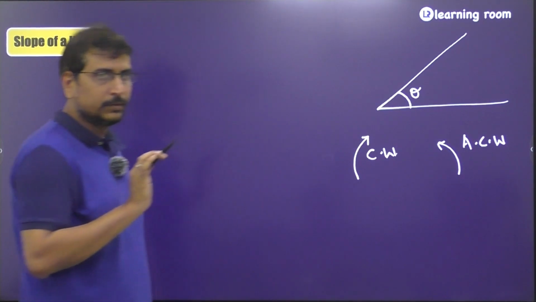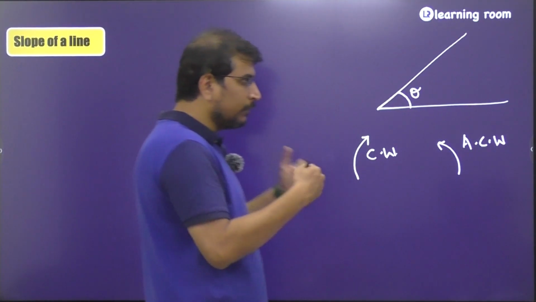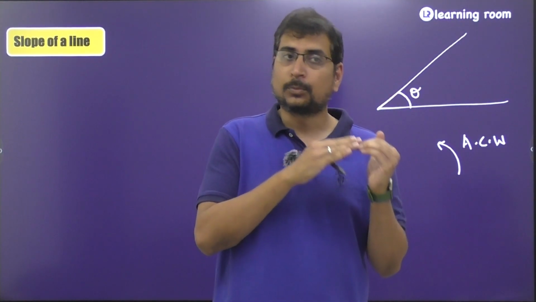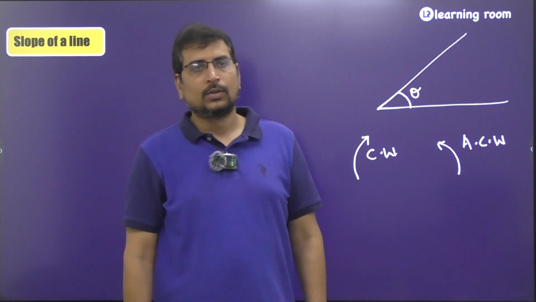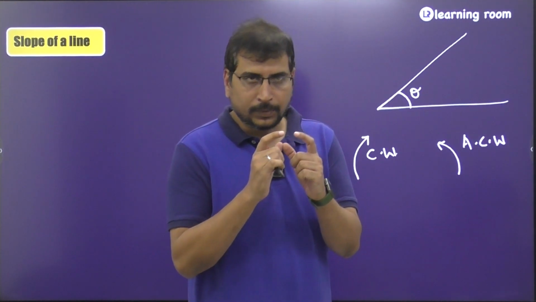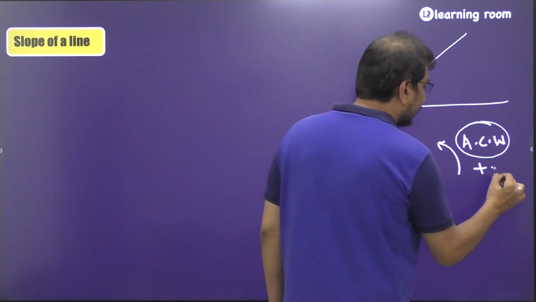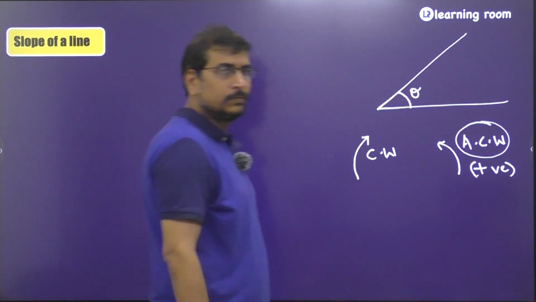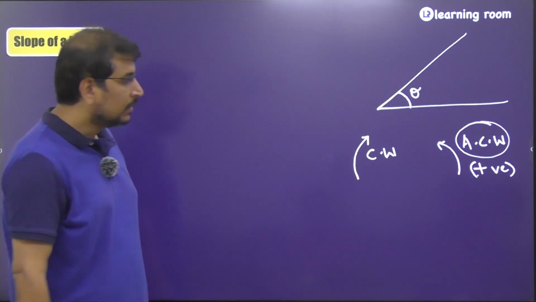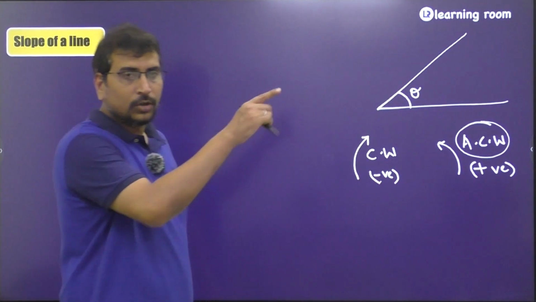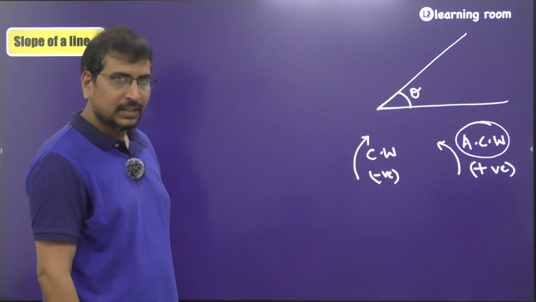Now, going forward, whenever I speak about angles, I'll ask you whether the angle is positive or negative. In mathematics, an angle is said to be positive if the measurement is made in the anti-clockwise direction. Similarly, an angle is said to be negative when the rotation is made in the clockwise direction. Am I clear with this?